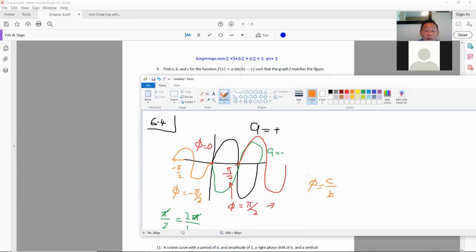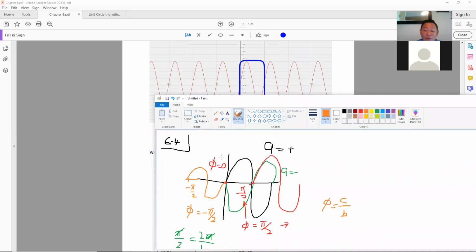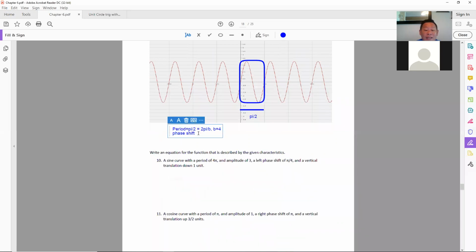The good news for this graph, if I again concentrate on this blue box here, you notice that this graph starts at 0, 0. So it doesn't have any phase shift. Since it doesn't have any phase shift, that means your C will be 0.